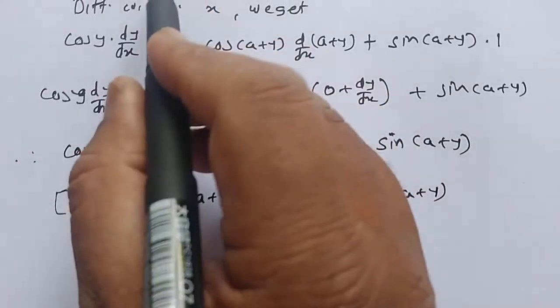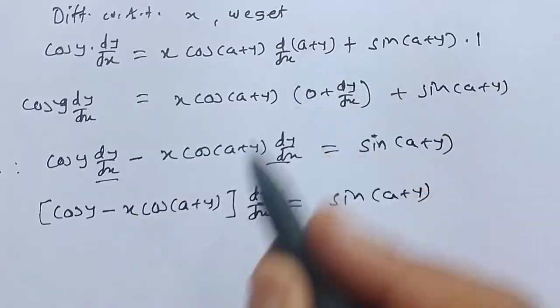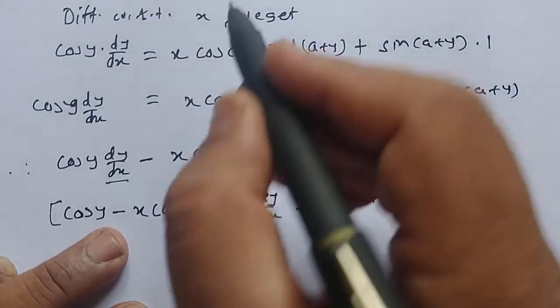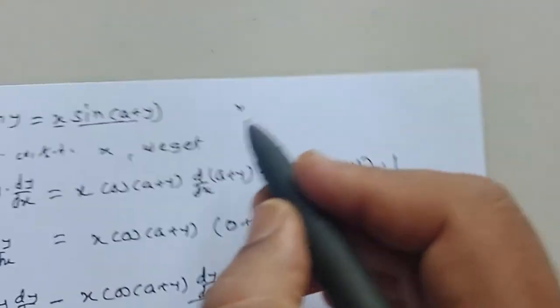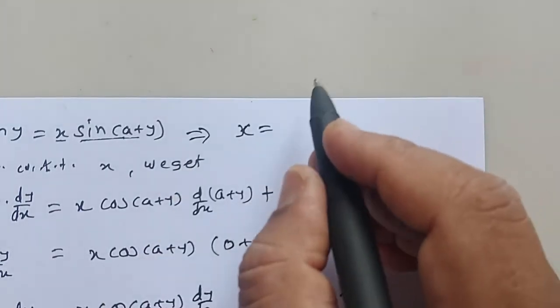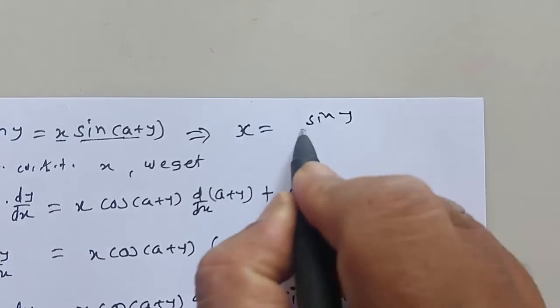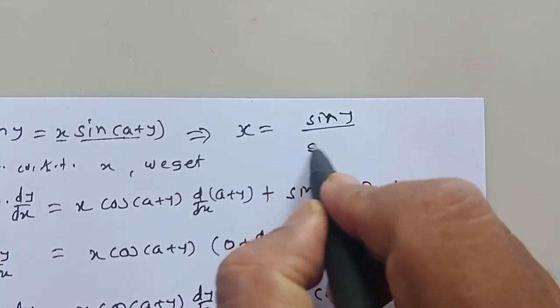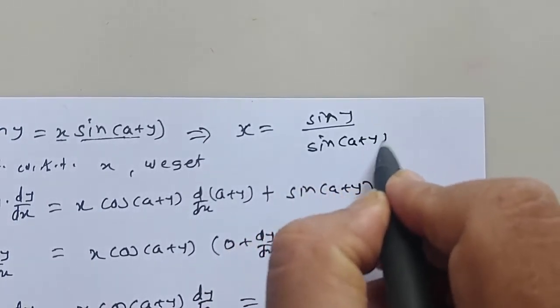Now putting the value of x from the given, x = sin y upon sin(a + y).